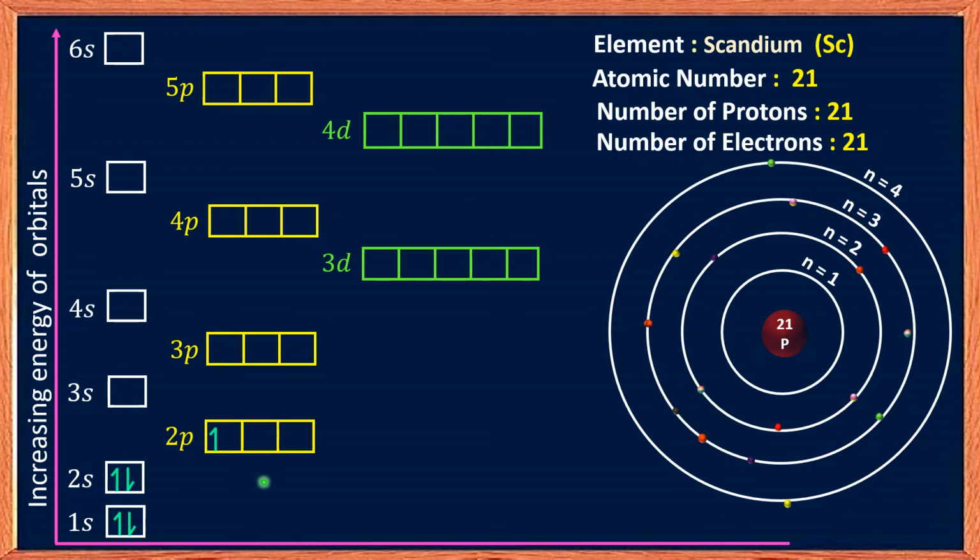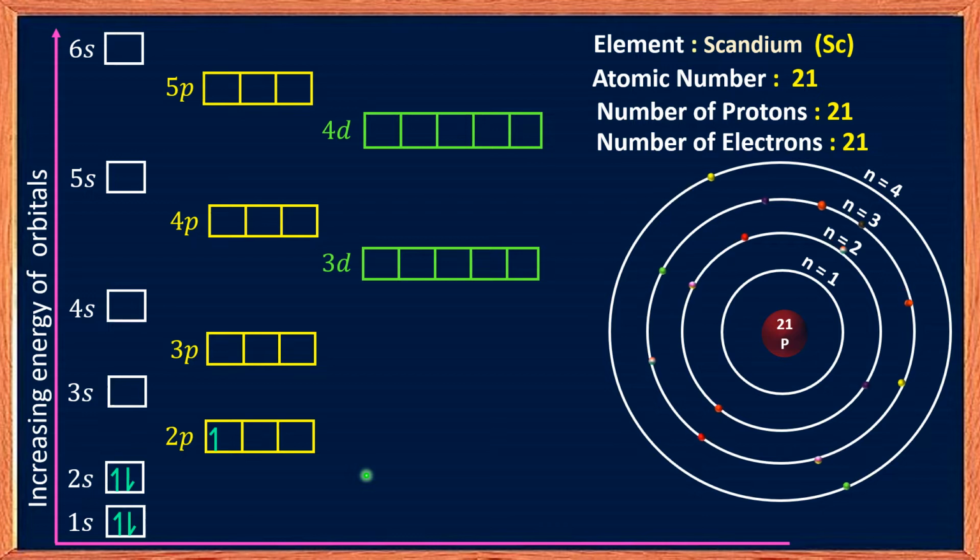According to Hund's rule, if more than one equi-energy orbitals are available, all these equi-energy orbitals are singly filled at first, then they are doubly filled. That is, pairing will take place once all these orbitals are singly filled.